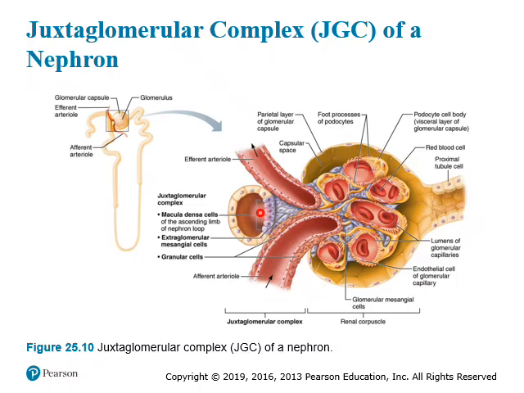These are the macula densa cells of the ascending limb of the nephron. So you have your ascending limb of the nephron, which is actually part of the loop of Henle, the ascending limb of the loop of Henle.